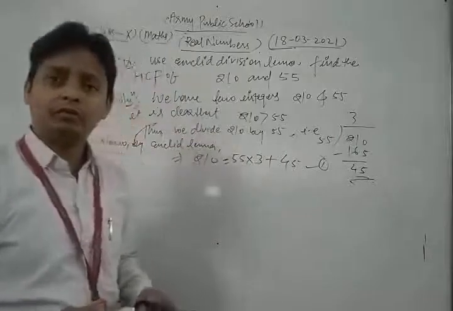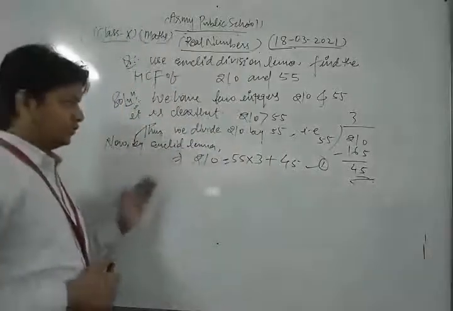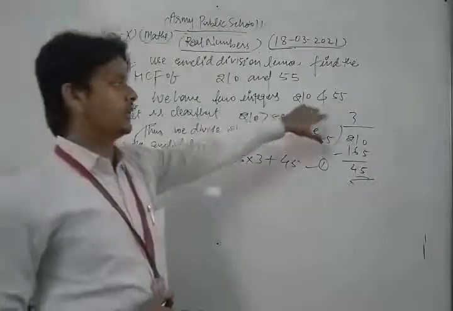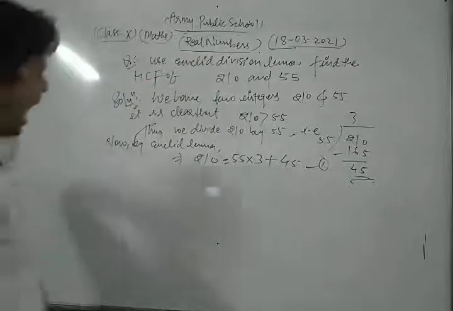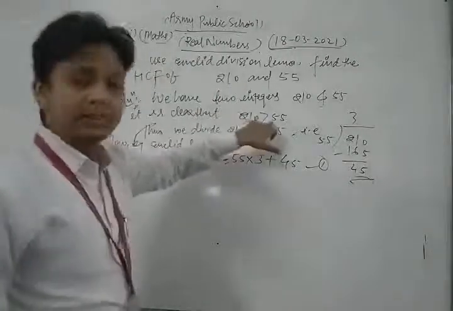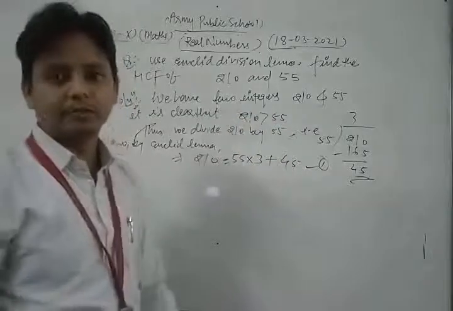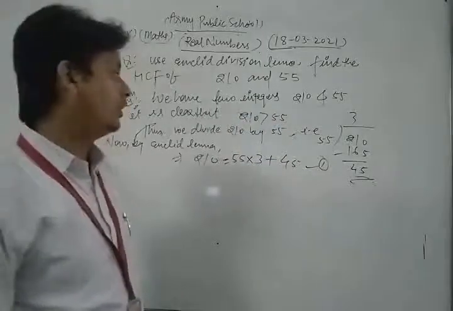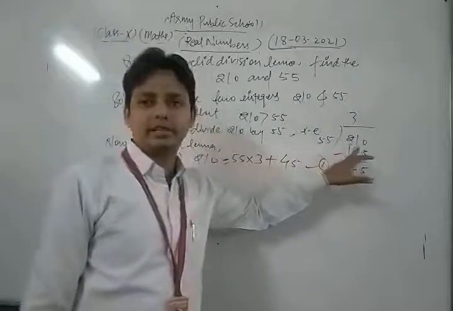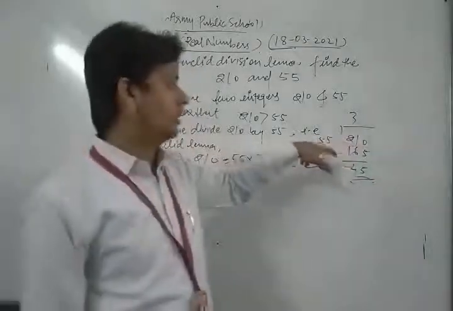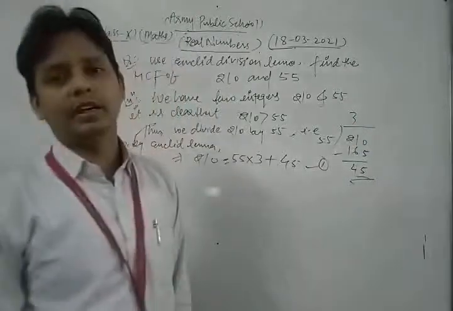Now we find the HCF. For finding the HCF, first of all, we have two integers, 210 and 55, and it is clear that 210 is greater than 55, so we divide 210 by 55. After dividing, we get 210 as dividend, 55 as divisor, 3 as quotient, and 45 as remainder.